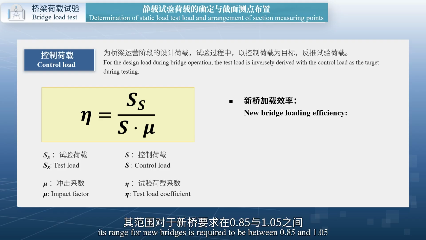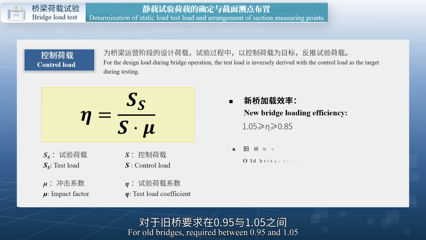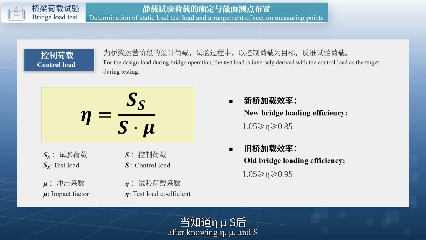Its range for new bridges is required to be between 0.85 and 1.05. For old bridges, required between 0.95 and 1.05. After knowing eta, mu, and S, then the test load S can be calculated.